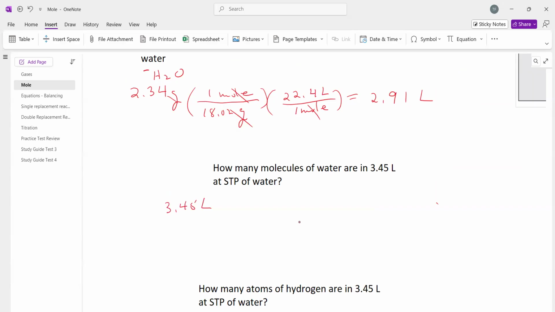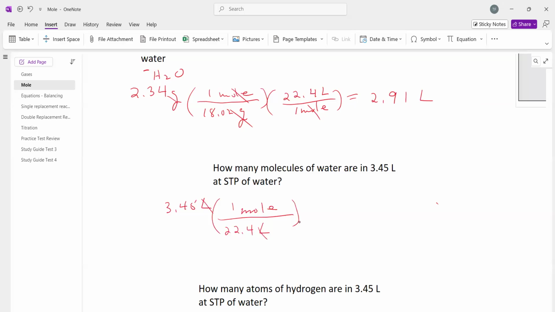So first thing we need to do, there's no direct correlation between counting and liters, but if we go through moles, there is a correlation. So first step is convert to moles, cancel the given, just like unit 1. Now we have moles.